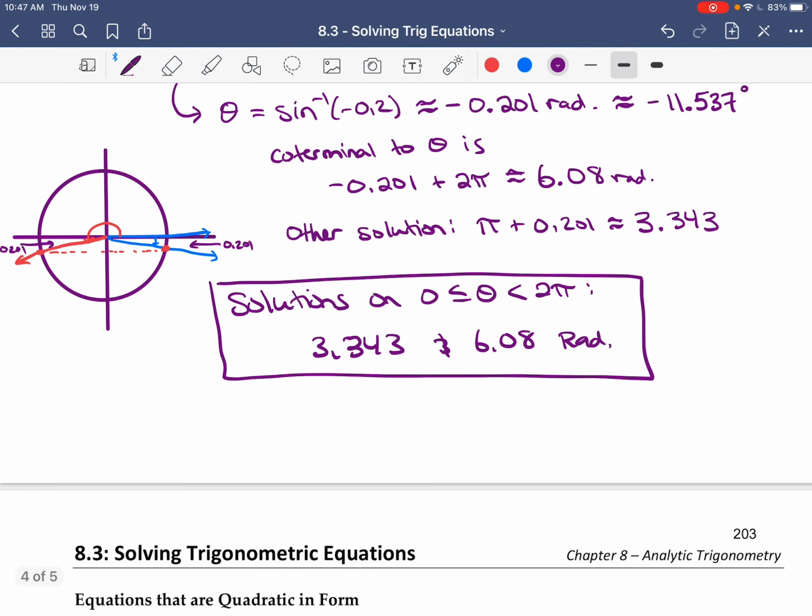Okay, if you wanted all solutions, you would just take each of these and add multiples of 2 pi. So that would be all of them, without an interval. Okay, these are just the k equals 0 versions.